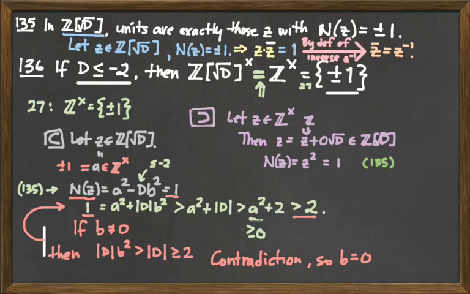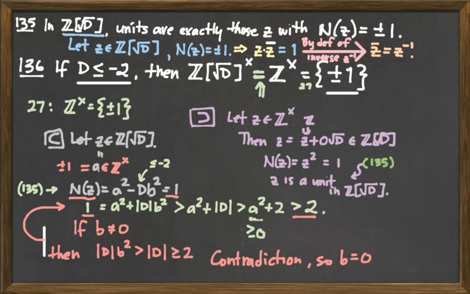And so z is an element of the units of Z adjoin radical d, again by 135. Thus, z is a unit in Z adjoin radical d.